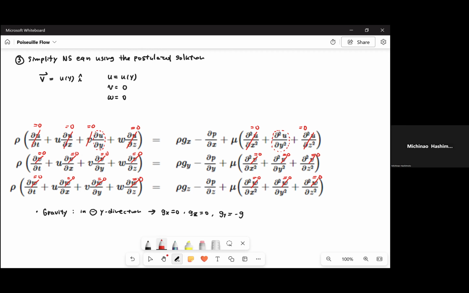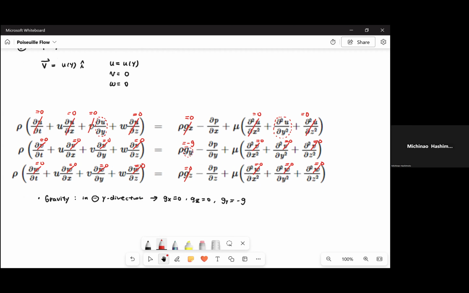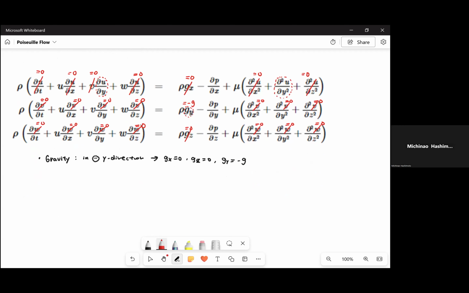So this is great. Let me also clean up: this equals 0, this equals 0, this equals minus g. Okay, so that's pretty much all. At this point we didn't make any assumption for the pressure.